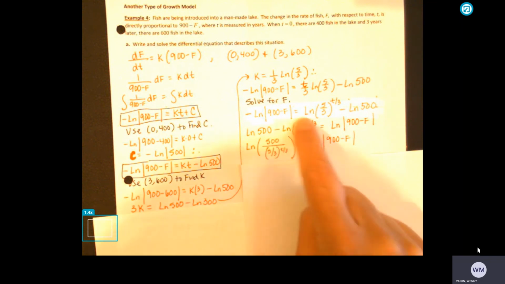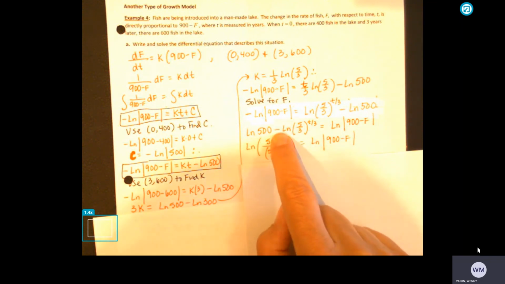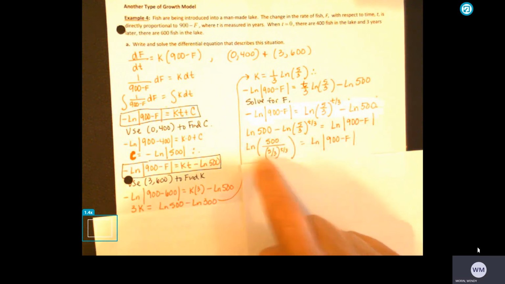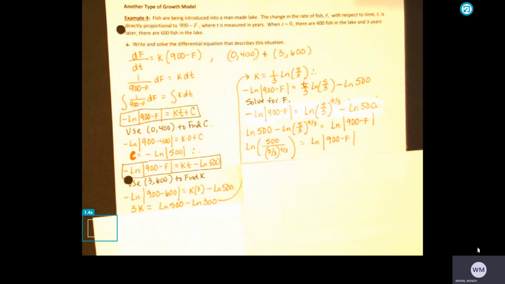Now I can condense this, again, using my log properties, the log of a difference. You divide the first divided by the second, and now I have a single log equals a single log, and you can just use the equality property, which means all their parts are equal. And again, we're trying to solve for capital F. That's going to be the particular solution to this equation.